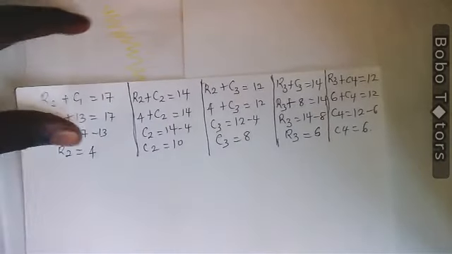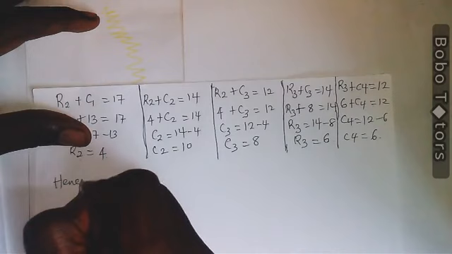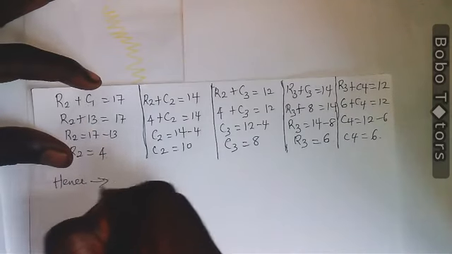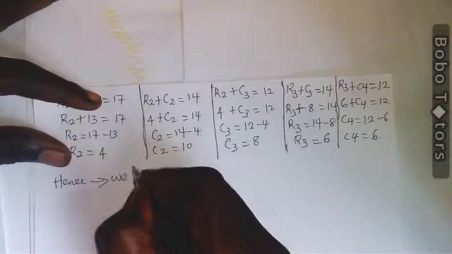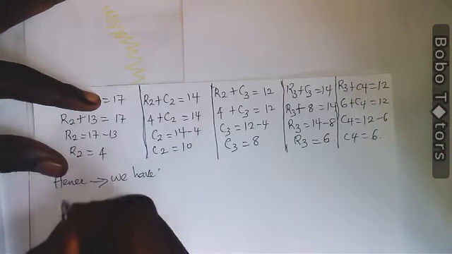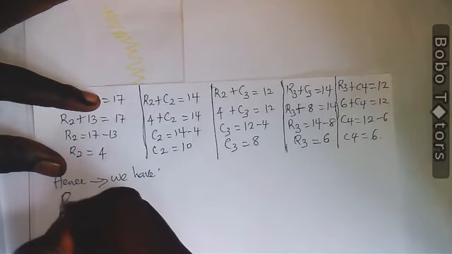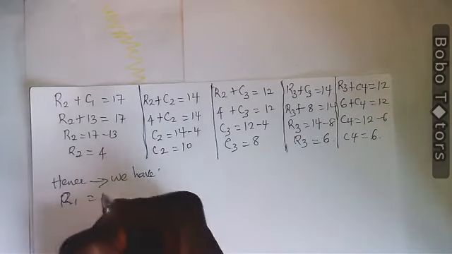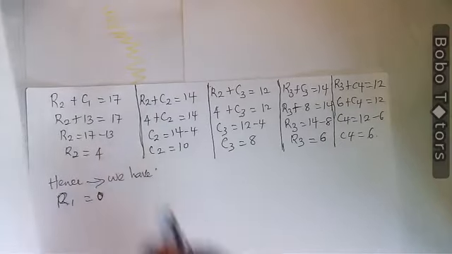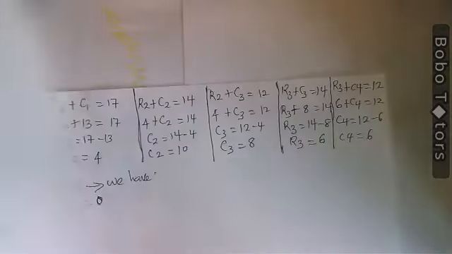Hence we have row 1 to be 0. Remember, row 1 is always 0.